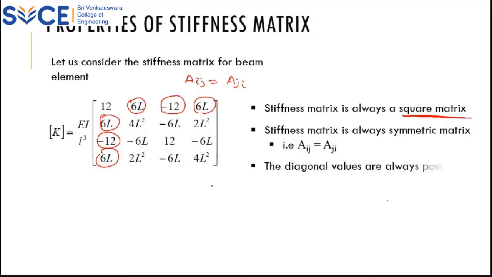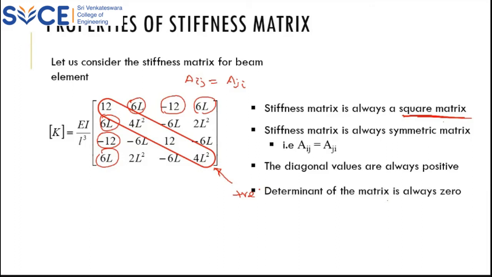Your diagonal is always a positive value. So always check your diagonal. If you get a negative value, it means you have made a mistake in the stiffness matrix. And if I take the determinant, mostly it will become 0.